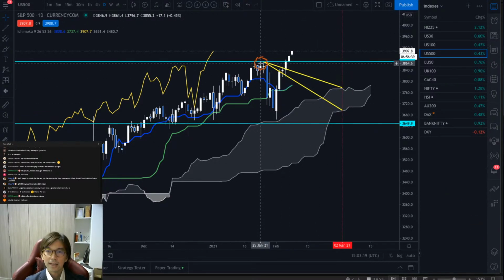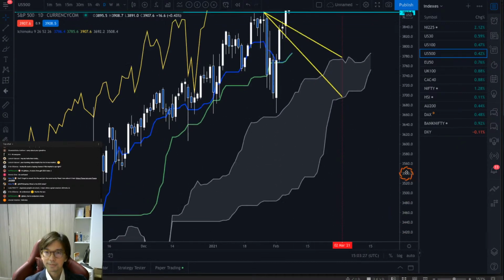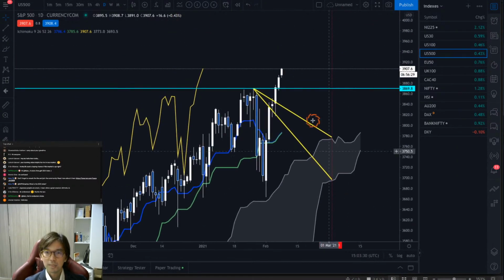And these yellow lines, two lines, are called forecast lines. And the price is above the forecast lines now. So if the market lands above the forecast lines on 2nd of March, then we can expect the market to continue to go up afterwards.